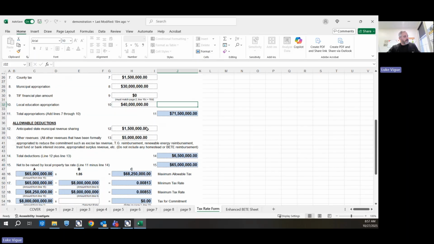That's another number we have no say in, but it usually pretty well offsets the county tax. So those two are usually about the same. But then we have these other revenues, and you actually vote on these. You see these usually around Article 17 on the warrant. And I'll read through what those are.